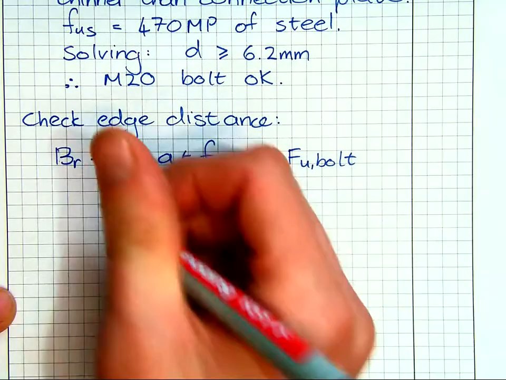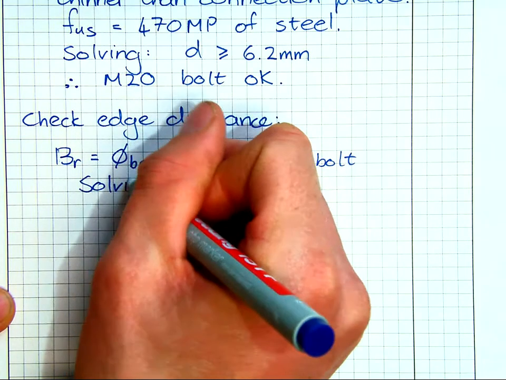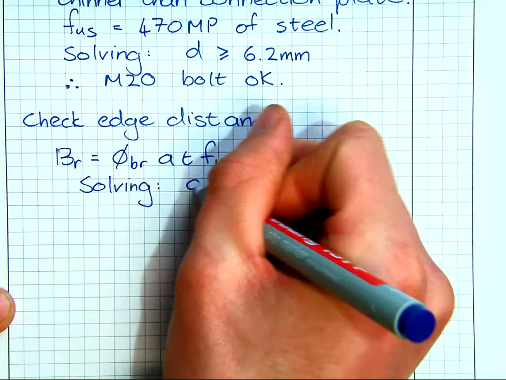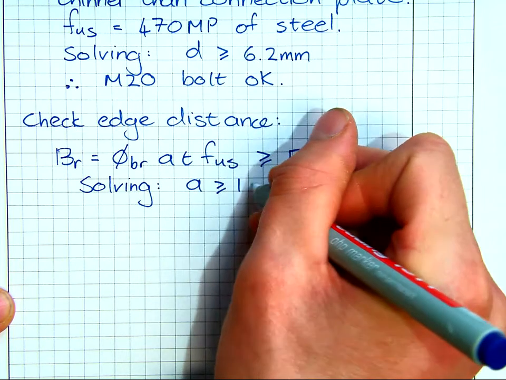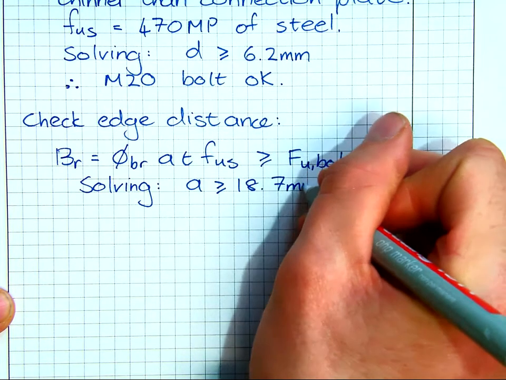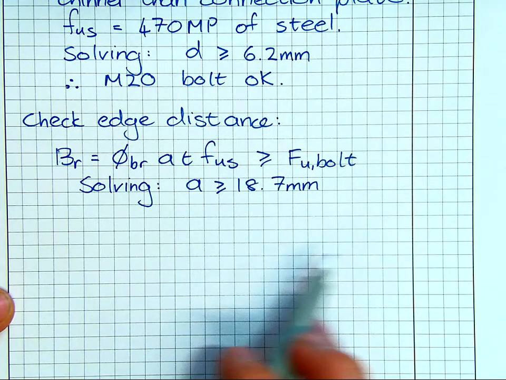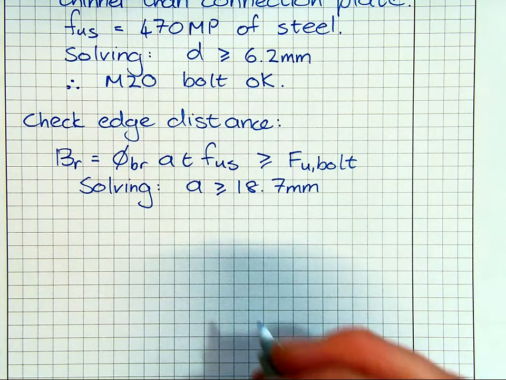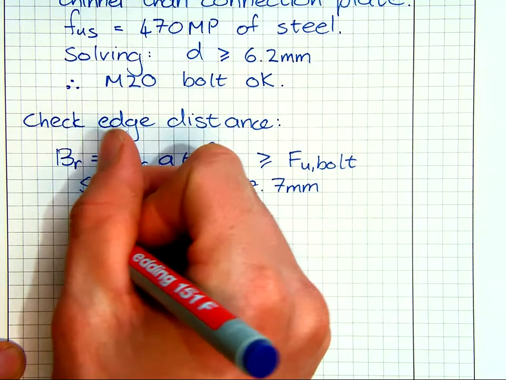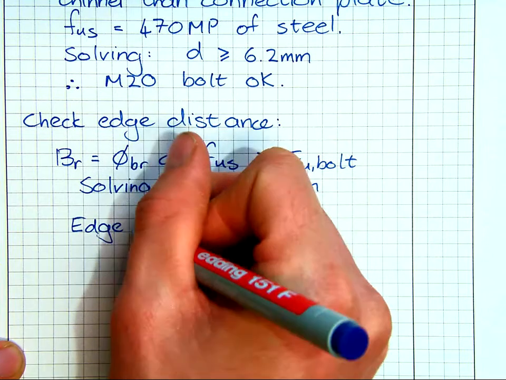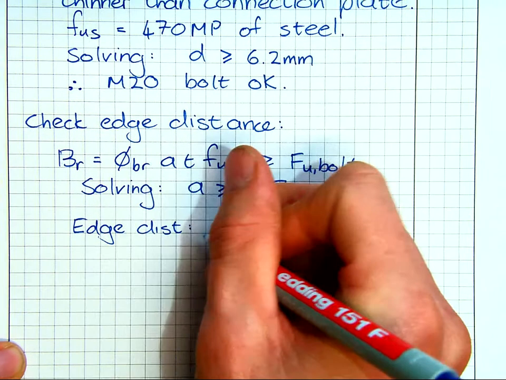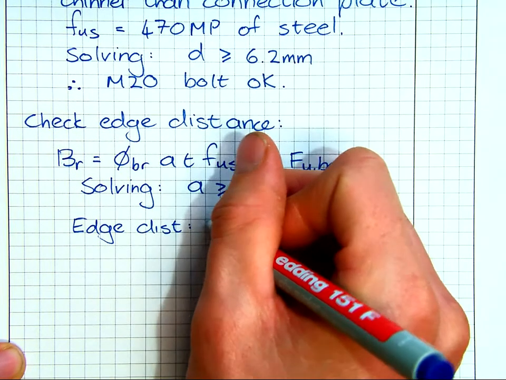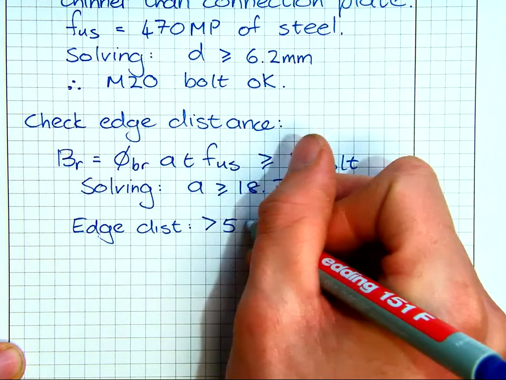Now, solving this, we'll find that A must be greater than or equal to 18.7 mils. That's the distance from the middle of the bolt to the edge where it pulls out. Thus, we're okay, because the edge distance is greater than 52 mils.